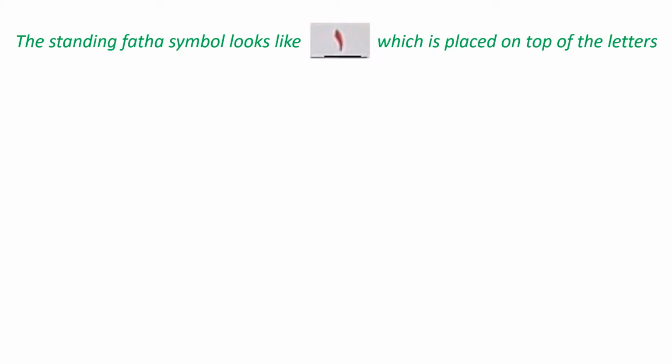So starting off with the standing fatha. The standing fatha symbol looks like this, which is on the screen, and it is placed on top of the letters. Now what I've copied here are little screenshots of a qaida. As mentioned in my previous video, I couldn't find the standing fatha, kasra and dhamma symbols on the Arabic keyboard that I have, so I've had to take an alternative route.